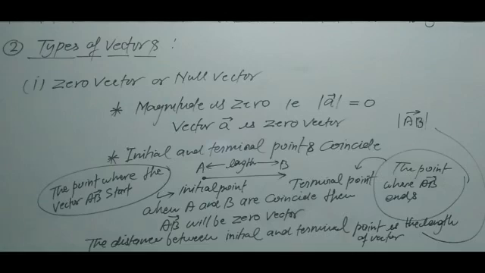Now see, mod of AB is the length of the vector. This is also known as the magnitude of the vector, and if its initial and terminal points overlap, then it is said to be a zero vector. In a zero vector, the magnitude is 0.